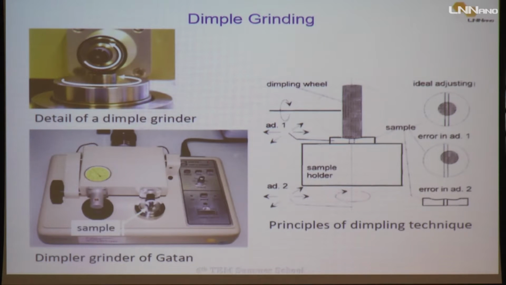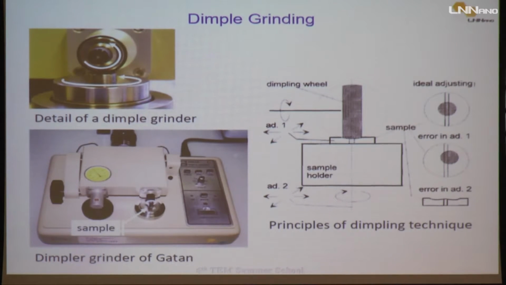Then what we do, we go to the dimple grinding strategy. Okay, this is how a dimple grinder looks like. We have these instruments here in our lab. What we have is a small rotating wheel, and you put your sample, your disc, in the middle of this wheel, okay?